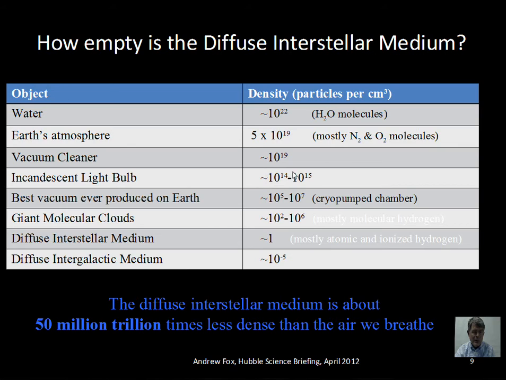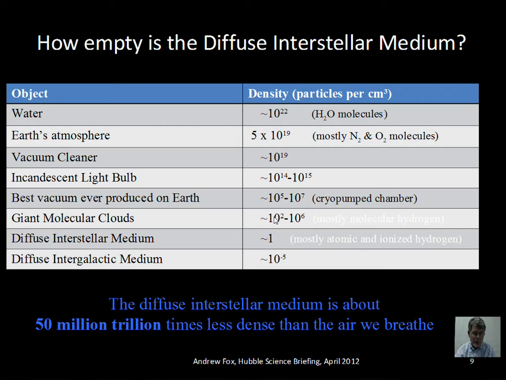Inside a light bulb, it's not empty space. There's still 10 to the 14th particles per cubic centimeter inside the light bulb. In a special laboratory, pumps can remove particles from a chamber, but still 10 to the 5th, 100,000 particles per cubic centimeter.